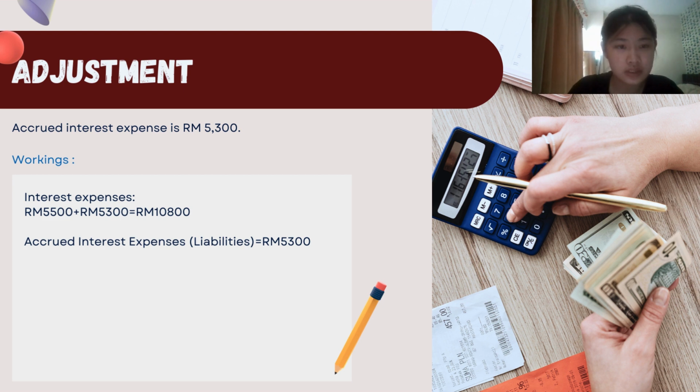To calculate the total interest expenses, we will use 5,500 ringgit plus 5,300 ringgit. We will get 10,800 ringgit in the final. This amount will be put in the operating expenses in SOPL and accrued interest expenses 5,300 ringgit will be put in the current liabilities in SOFP.